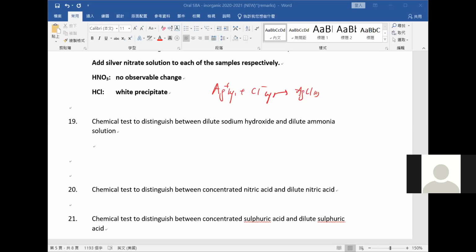Yeah, so now be aware of what you have written. This makes a huge difference, right? You write down copper nitrate solution or copper. For the former one, copper, no reaction. Copper nitrate solution, yes, there is. What is the type of reaction?